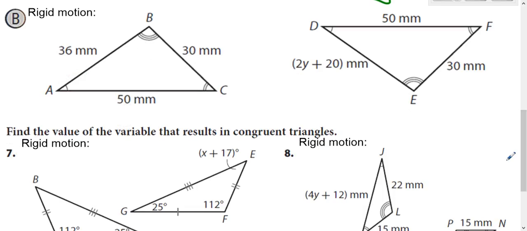So for these 2, if they are going to match up, B would match with E, A with D, and C with F. So the rigid motion that would make them be in the same orientation, you would have to reflect it so that E would reflect up to the top, D and F would reflect down to the bottom.